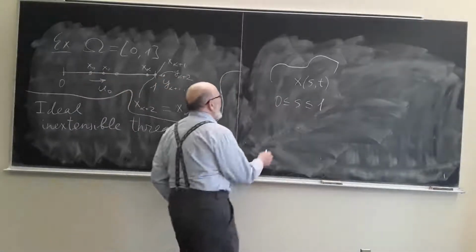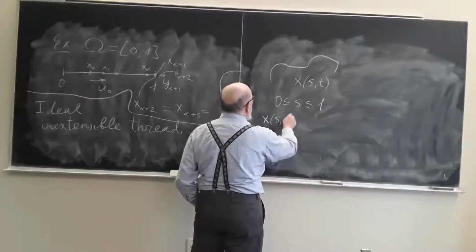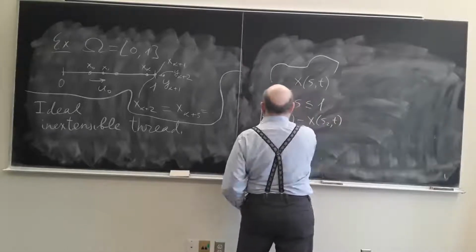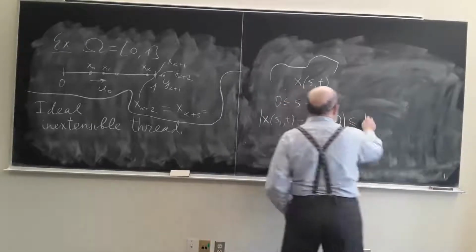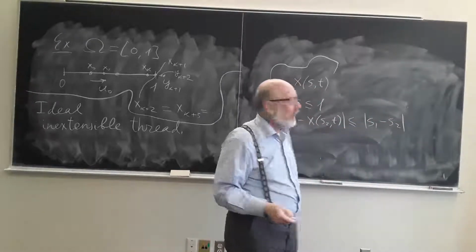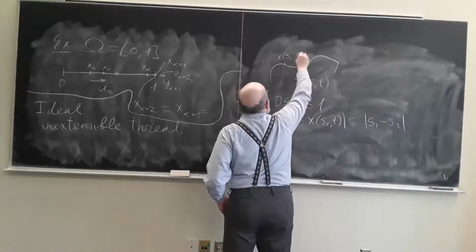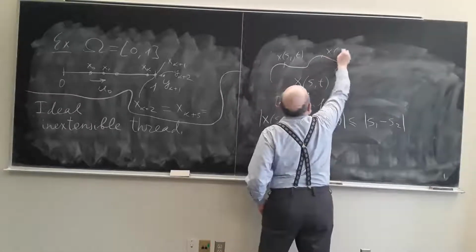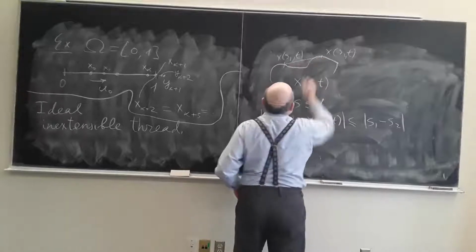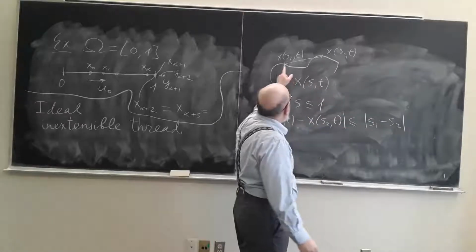Inextensible means that the distance between x of s1, t and x of s2, t is less or equal than the modulus of s1 minus s2. So if here is x of s1, t, here x of s2, t, this is the distance between them in the space, and this is the distance along the thread.